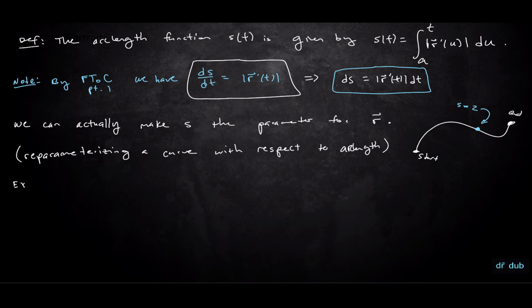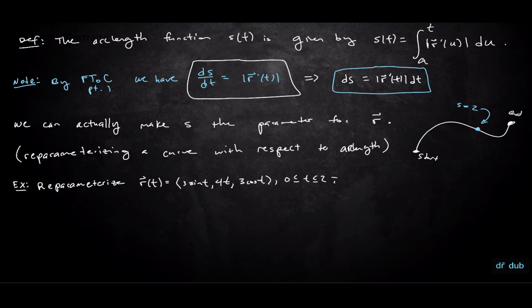let's reparameterize the curve with respect to arc length. So reparameterize r of t equals 3 sine t, comma, 4t, comma, 3 cosine t, where t goes from 0 to 2 pi.